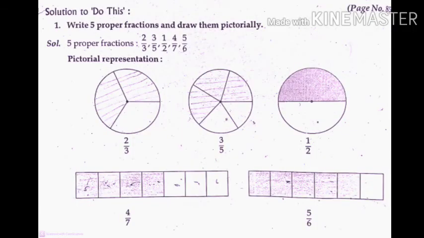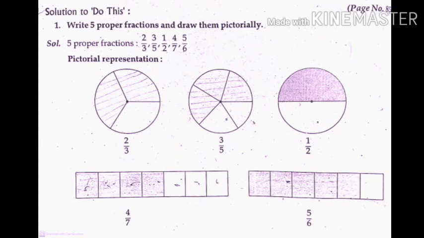Solution to Do This. The first question, write 5 proper fractions and draw them pictorially. Solution, 5 proper fractions are 2 by 3, 3 by 5, 1 by 2, 4 by 7 and 5 by 6. These are all proper fractions because the numerator is less than the denominator. Pictorial representation.